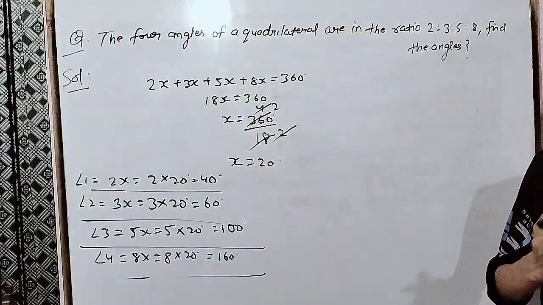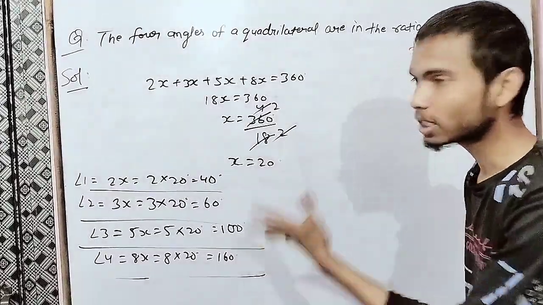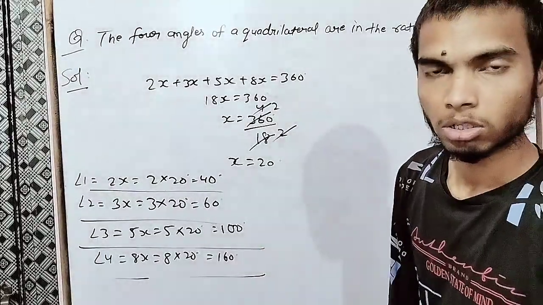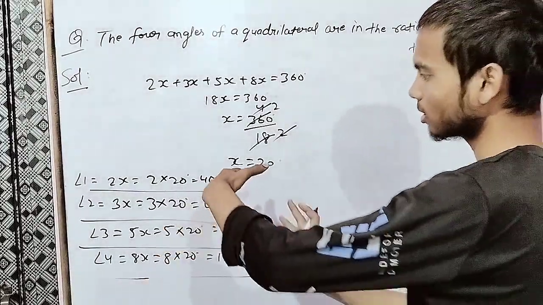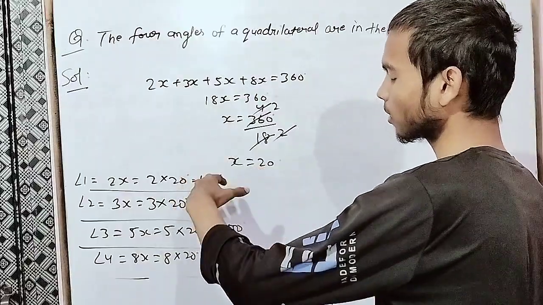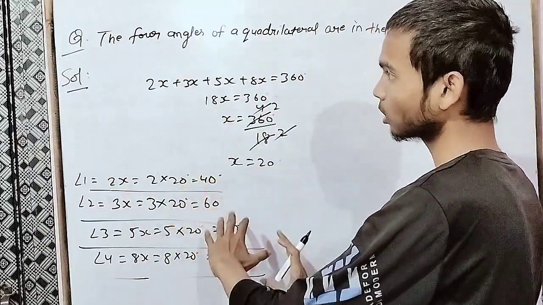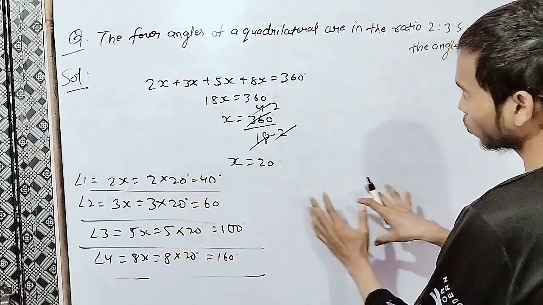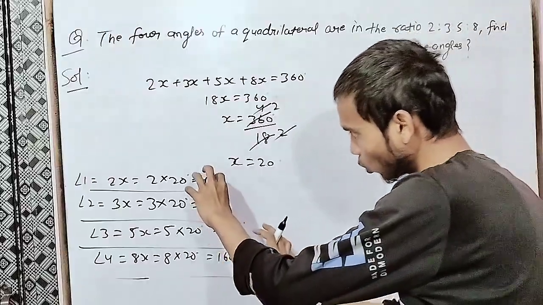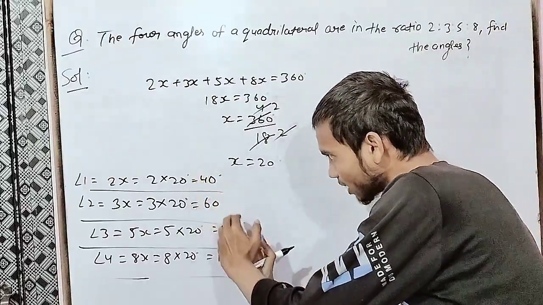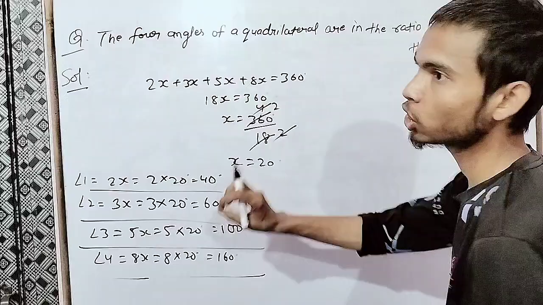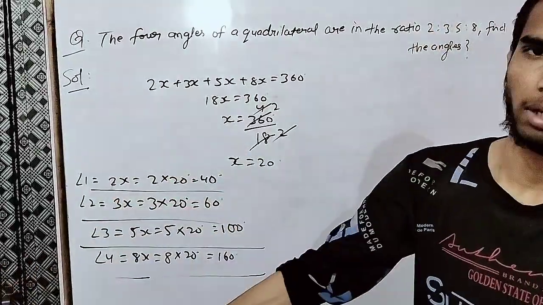Now we can check whether it is correct or not. How? We sum up these four angles, and we need to observe whether the sum is 360 or not. If yes, then our answer is correct.